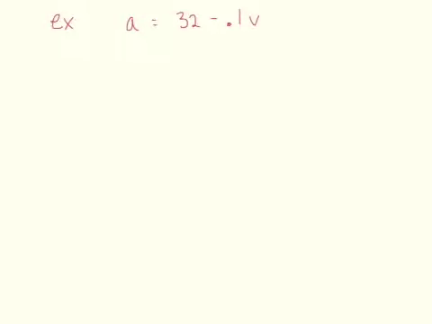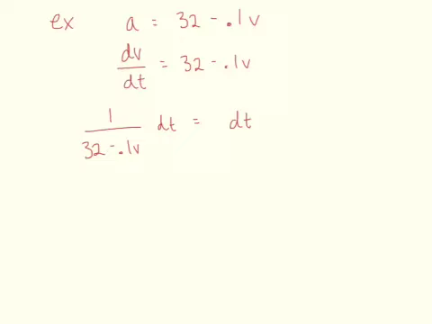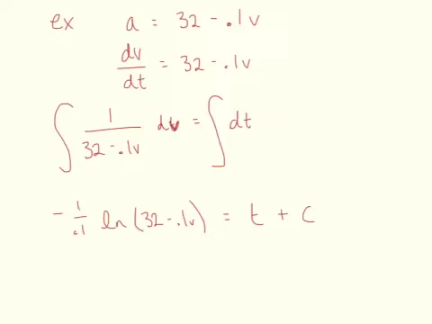So we can rewrite this as a differential equation and then separate the variables. And then now that we've done that, we can integrate both sides, and that should not be a dt. That should be a dv right there. Alright, so integrate both sides. Now we multiply both sides by negative 0.1.